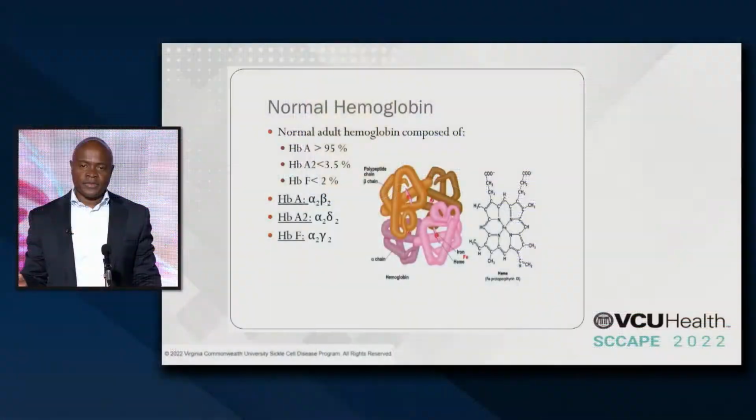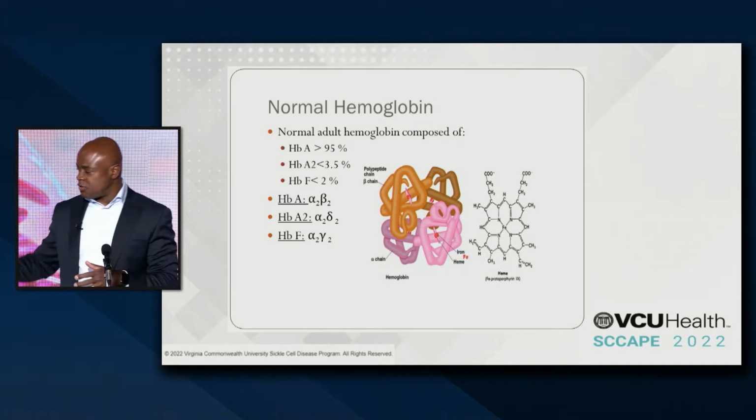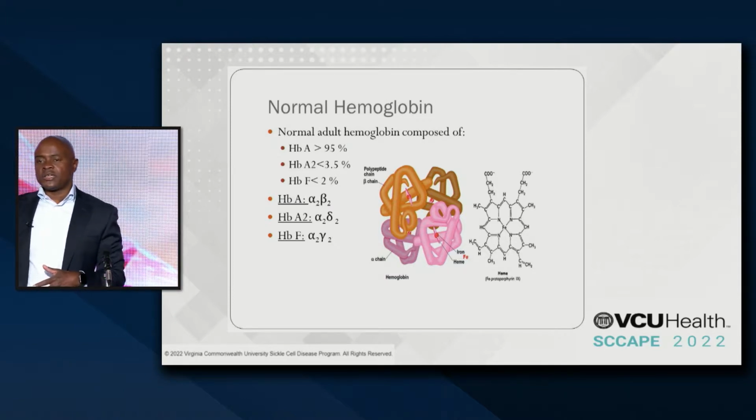So there are different kinds of hemoglobin. In individuals who do not have sickle cell disease, there are 2 kinds of hemoglobins, and they're designated A1 and A2. And the difference is really just what the chair looks like.